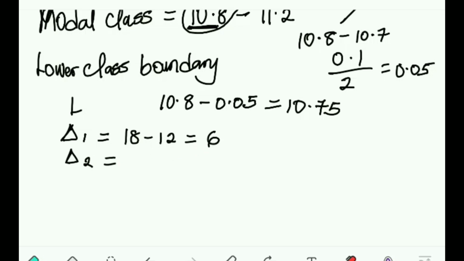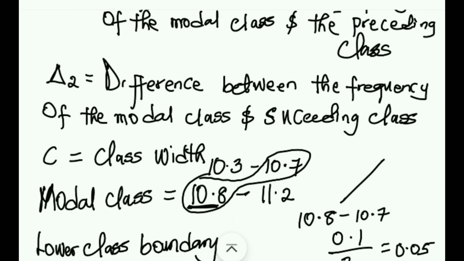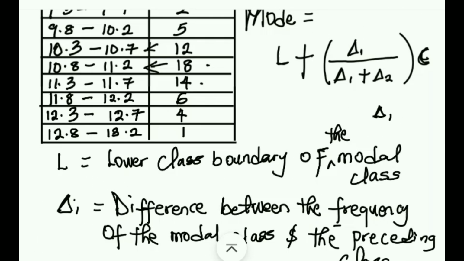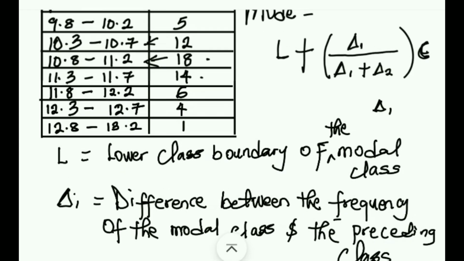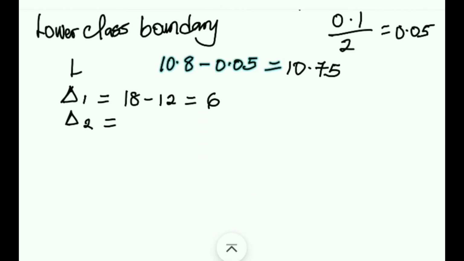So now the change in 2 would be the difference between the frequency of the modal class and the succeeding class, that means the next class. So 18 minus 14, and that is 4.